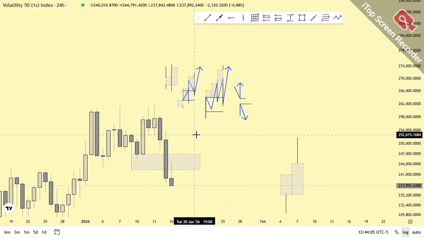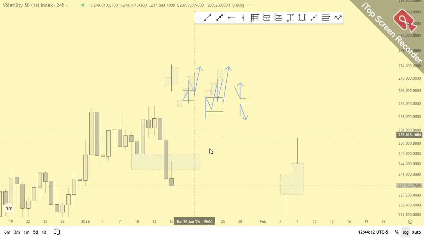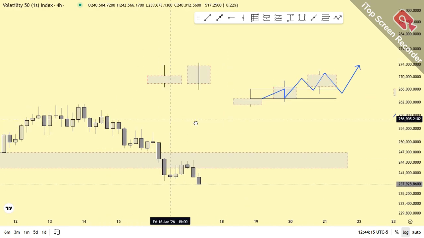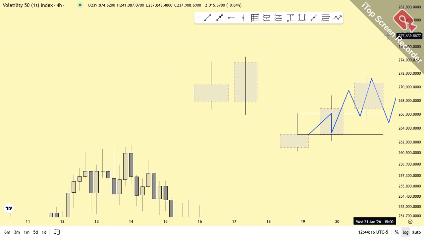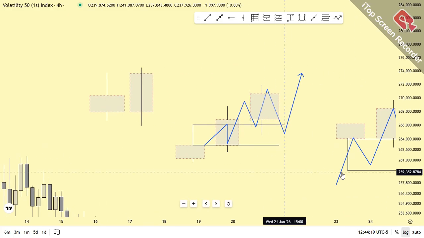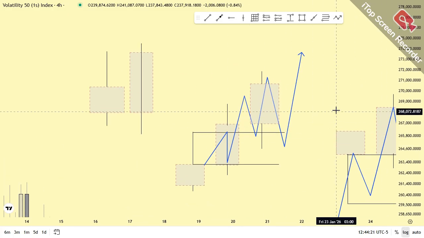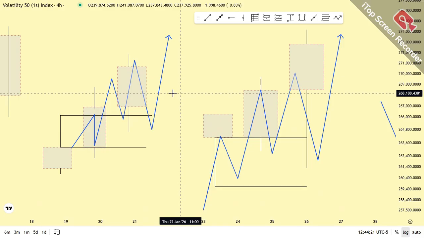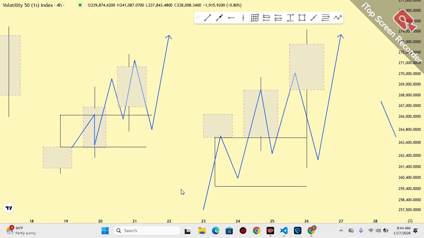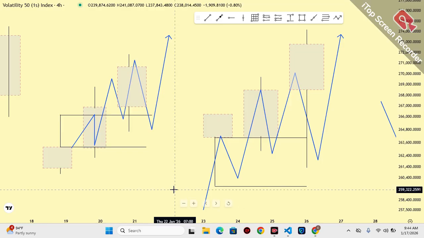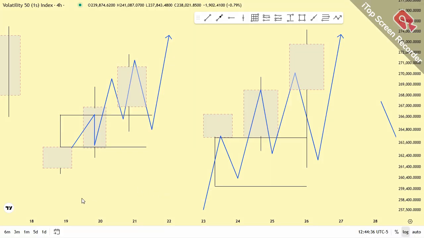When I go to a lower time frame, let me just go to the 4 hour time frame. I will invert this chart so you understand what I'm driving at. So if I invert the chart, let me see.